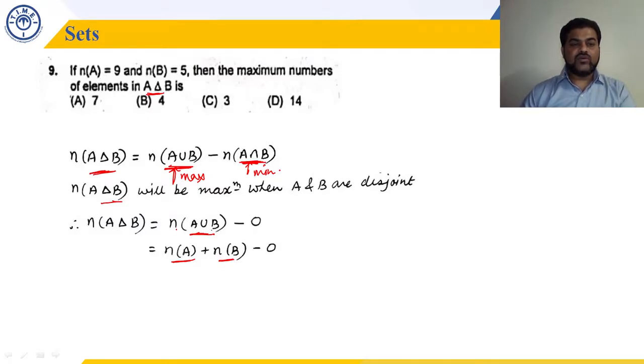Here we are taking the minimum number of elements in A intersection B, which is 0. So that part is already 0. It is 9 plus 5 minus 0, and that is 14. Okay. So our correct answer is 14.